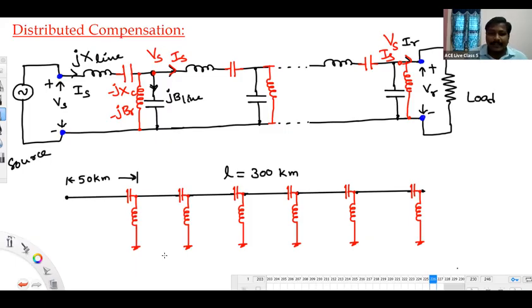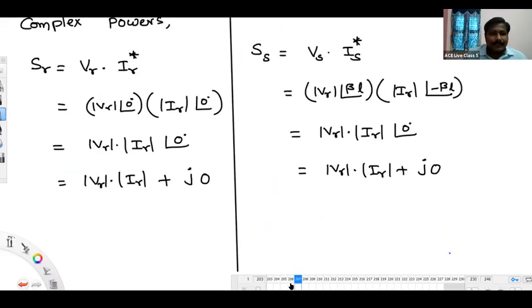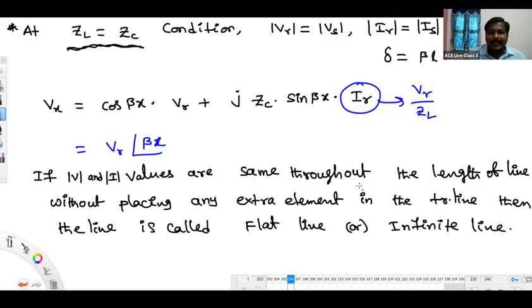What is the definition of a flat line we have taken? A flat line is a line which has the same mod V and mod I throughout the length, without placing any extra element. If you get that behavior, the line is called a flat line.